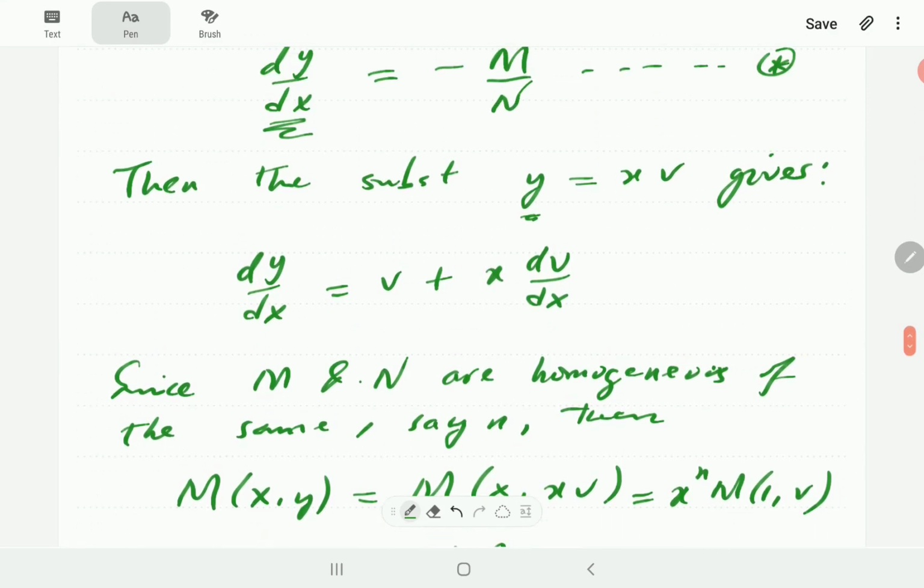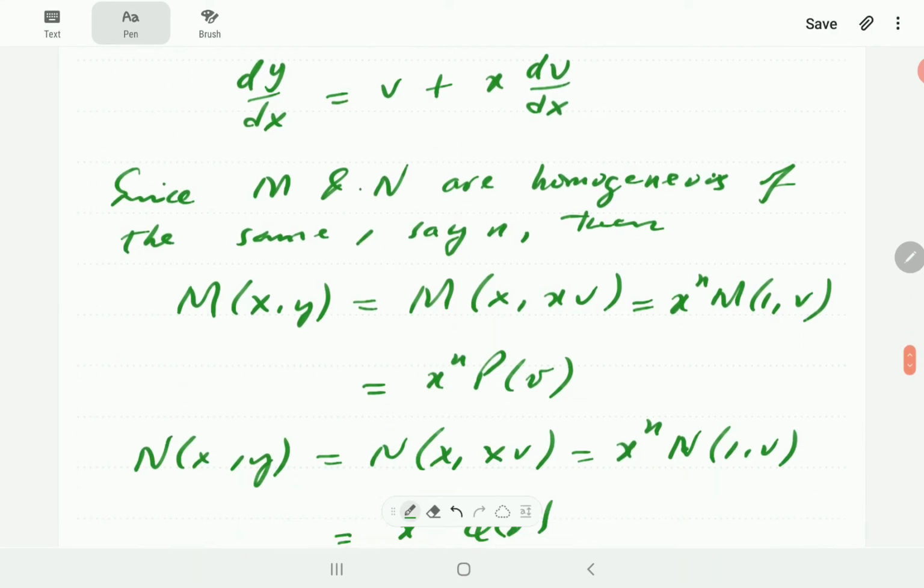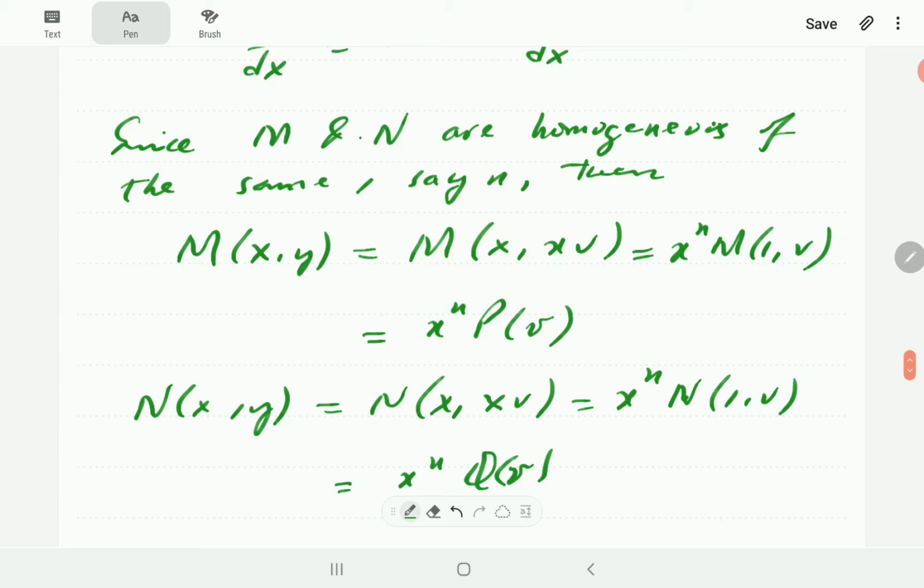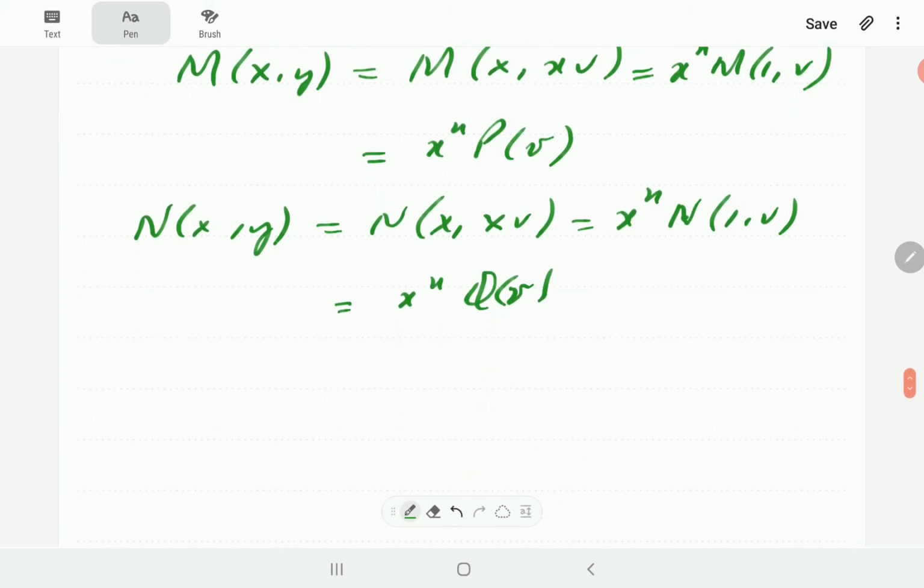Now we're in a position to rewrite this equation asterisk in terms of v. The left hand side is going to become this, and the right hand side is given by the negative of this term divided by that term.